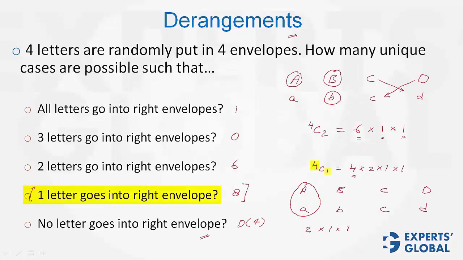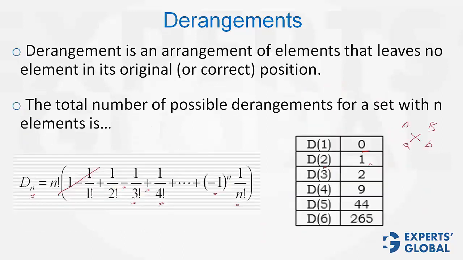Out of 4 letters, 1 went into the correct envelope, and the other 3 could be arranged in 2 times 1 times 1 equals 2 ways. So after 1 letter went into the correct envelope, the other 3 could be deranged in just 2 ways. So if you know that D3 is 2, you can just directly apply this and save some time.